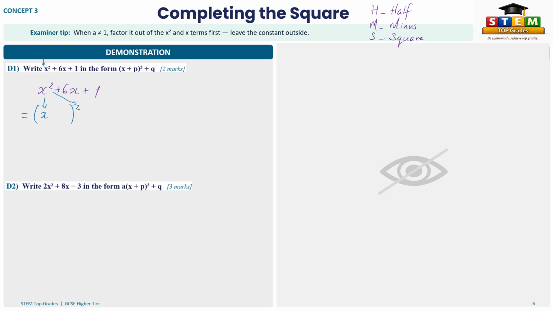Now half, so what are we halving? We're actually halving the plus 6, and that drops down as plus 3. We halve this, so this is the halving bit. And then we're going to do the minus, remember minus, and then that number is going to be squared over here, so we're going to do the squared.